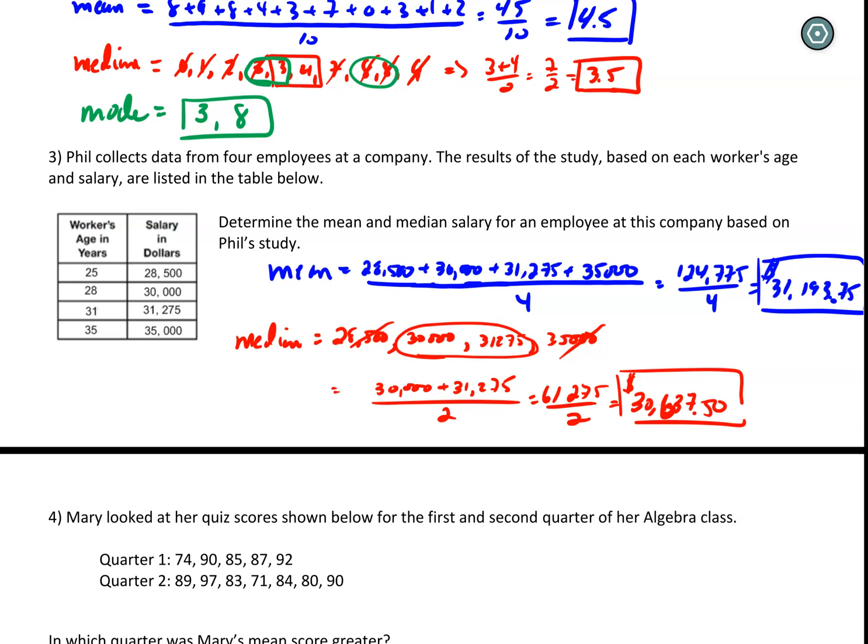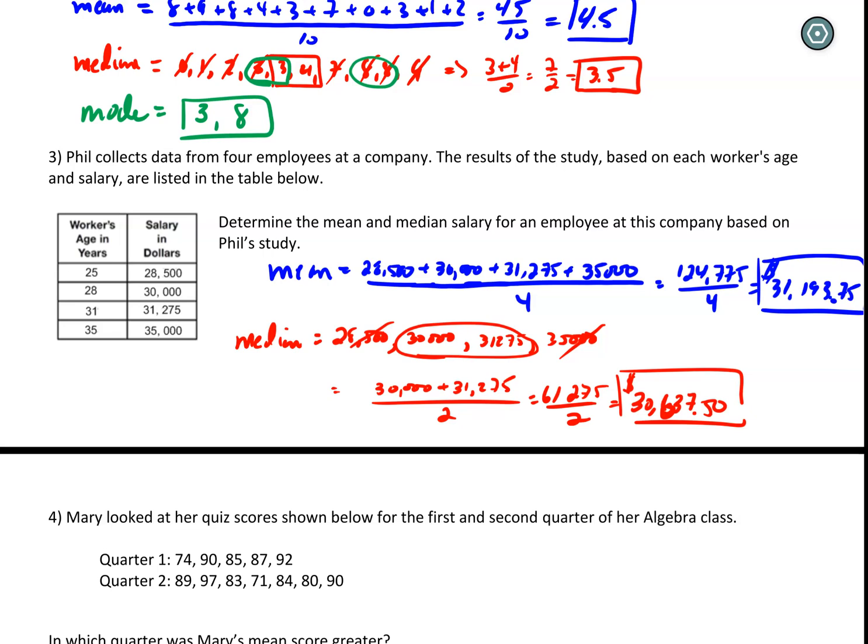The main reason we care is that there can sometimes be some outlying information, something that's extreme. If you're looking at this set of data here, we have the ages of these people and how much they work.